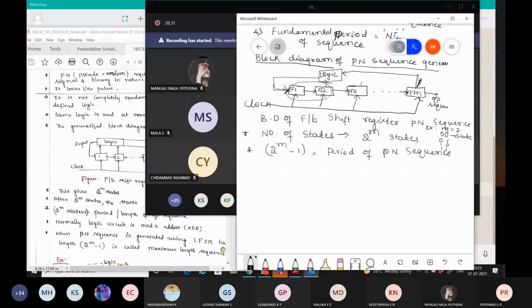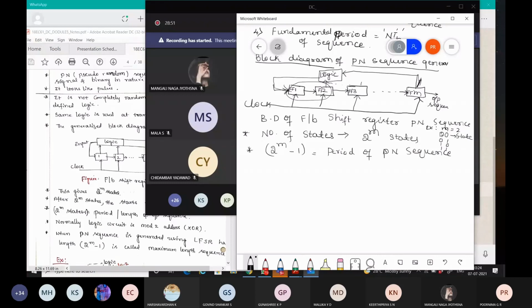Okay, now if you are computing the number of states for a linear feedback shift register, based on the number of flip-flops, you can see 2 to the power of m states in case of a PN sequence or LFSR.